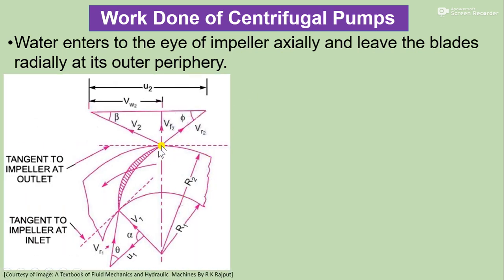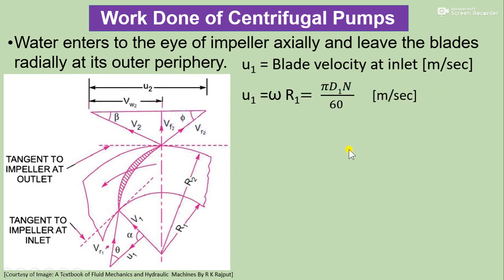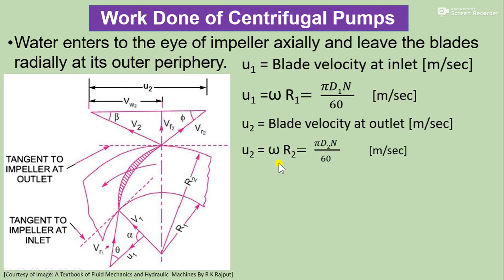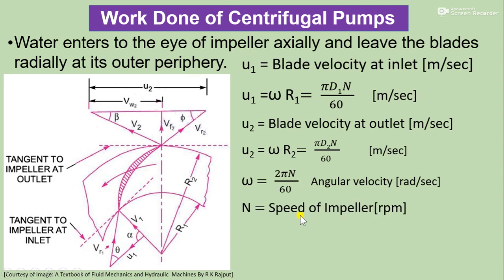So, with the help of the velocity diagram, we have U1, the blade velocity at inlet in meter per second, given by the formula omega R1 equals pi D1 N by 60 in meter per second, and U2, the blade velocity at outlet, given by omega R2 equals pi D2 N by 60, where omega is angular velocity in radian per second, and its formula is 2 pi N by 60, where N is speed of impeller in RPM.